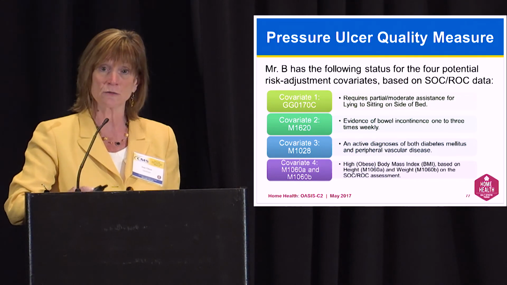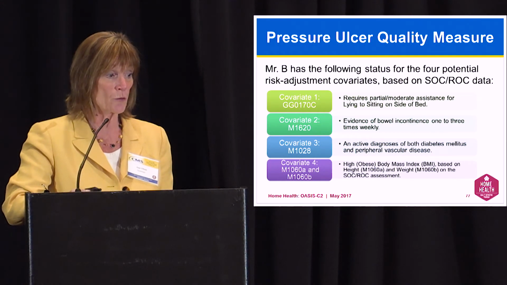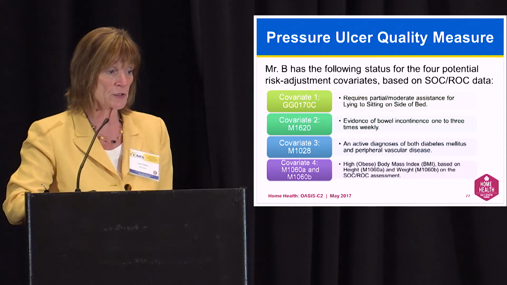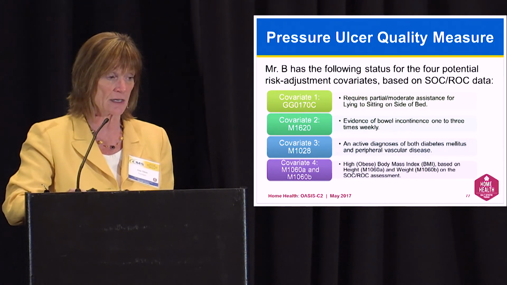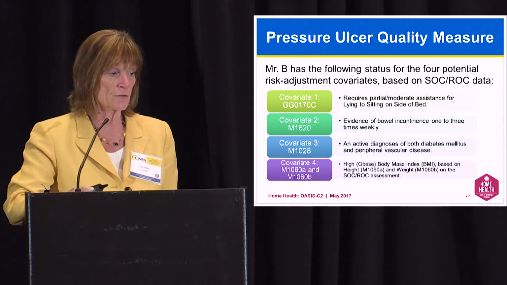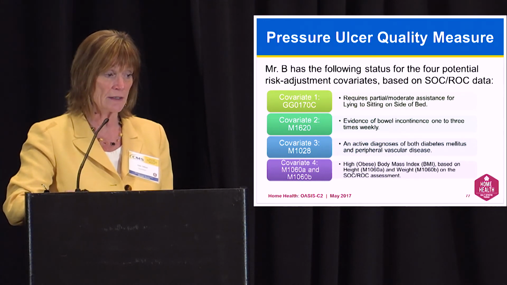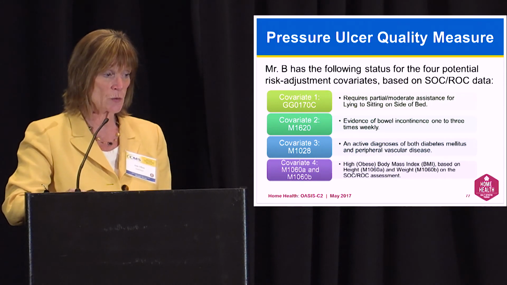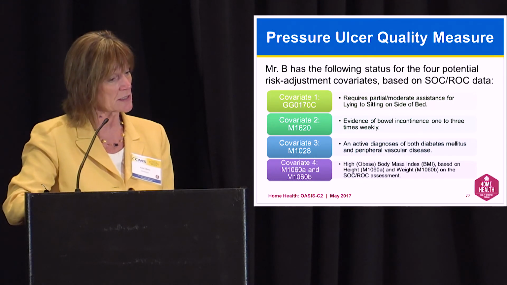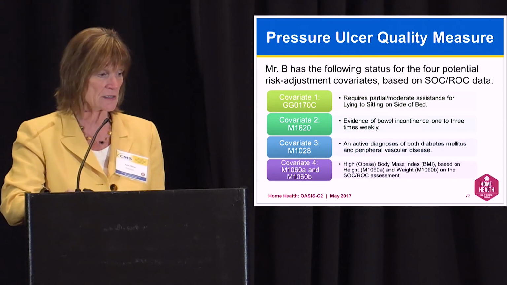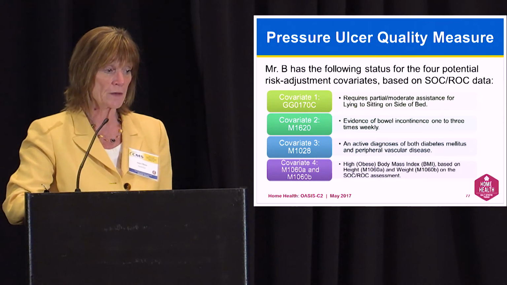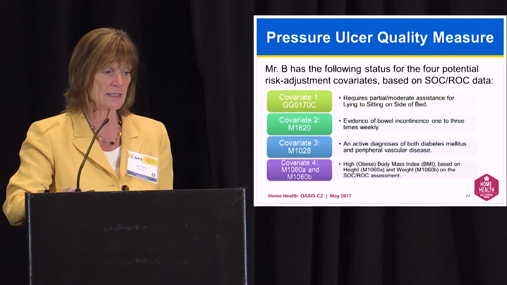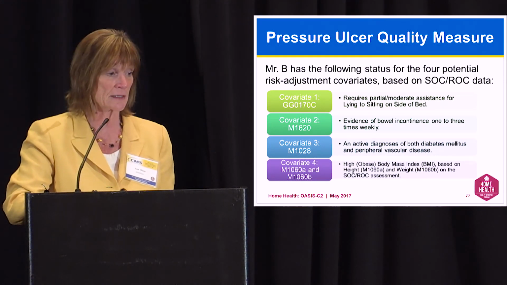So when we look at Mr. B, think about covariate 1 being GG0170C, which requires partial moderate assistance for lying to sitting on the side of the bed, and covariate 2, which was M1620, the bowel incontinence, covariate 3, M1028, which was the active diagnoses, the diabetes and the peripheral vascular disease, and covariate 4, the high body mass index that he had based on his height and his weight on the ROC assessment.